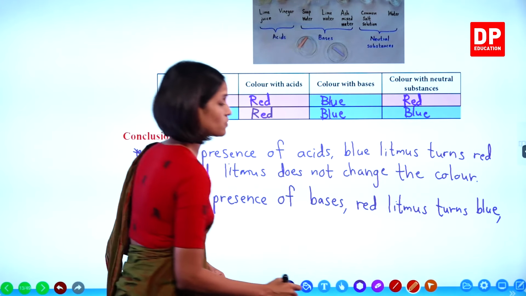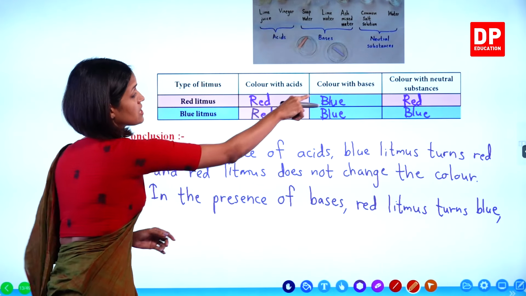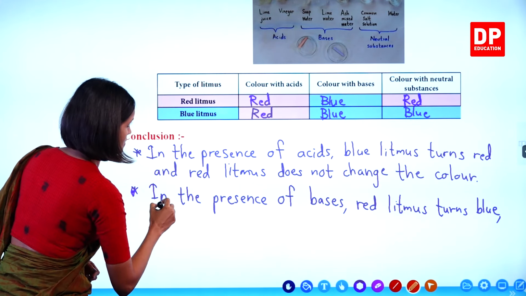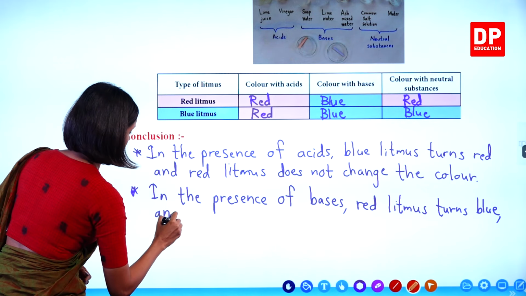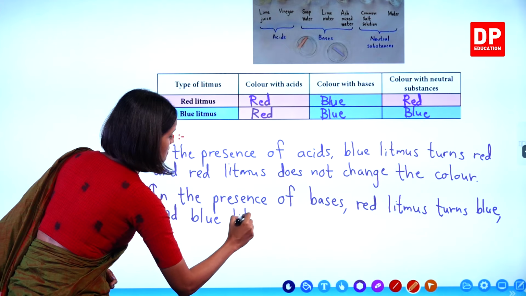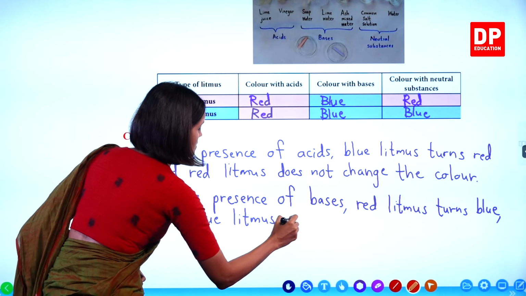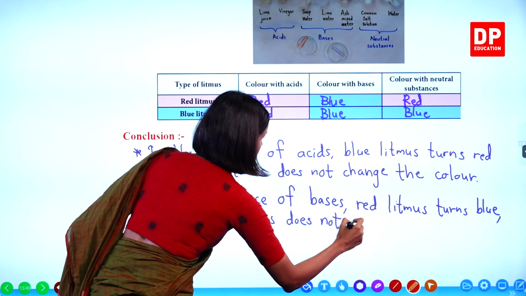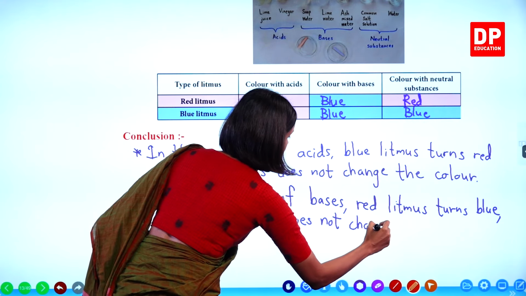Red litmus turns blue. And what about blue litmus? Does not change the color. And blue litmus does not change the color.